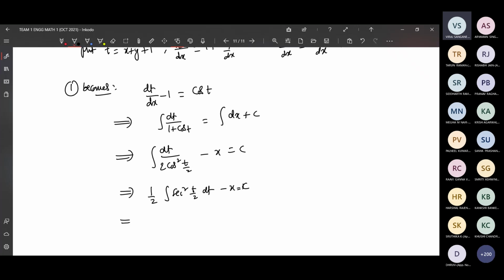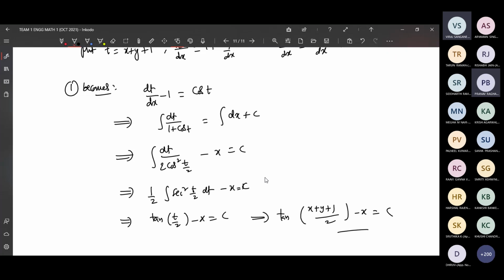Now tan t by 2, half tan t by 2 into 1 by 2, that cancels. So tan t by 2 minus x equal to c. Go for back substitution here. Tan of x plus y plus 1 by 2 minus x equal to c.